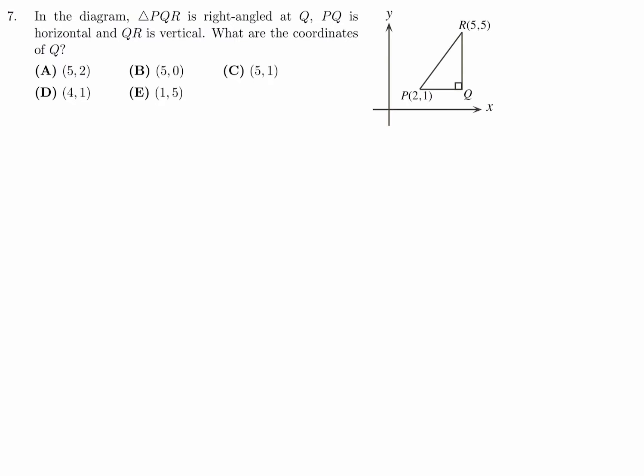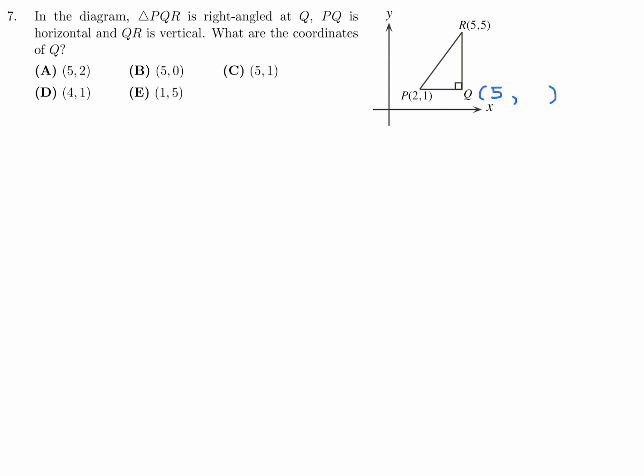In the diagram, triangle PQR is right angled at Q, PQ is horizontal, and QR is vertical. What are the coordinates of Q? Well, if you look at Q, obviously it will have an x-coordinate and a y-coordinate. The x-coordinate will be the same as the x-coordinate of R, right? It's along the same x-coordinate like that, top and bottom.